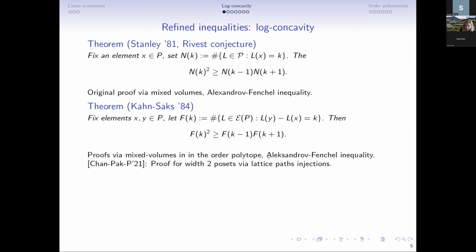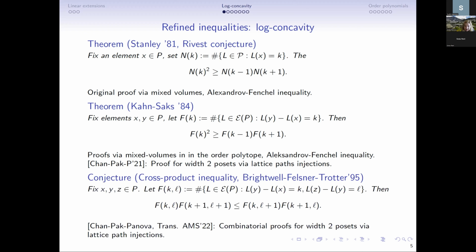So the posets which are composed of only two chains, which can be cut into two chains. And then there is also this cross product inequality, which has not been proven in generality. This is now if we have three elements x, y, and z, then F_{k,l} is the number of linear extensions such that the difference between the value of y and the value of x is k, and the difference between the value of z and the value of y is l.